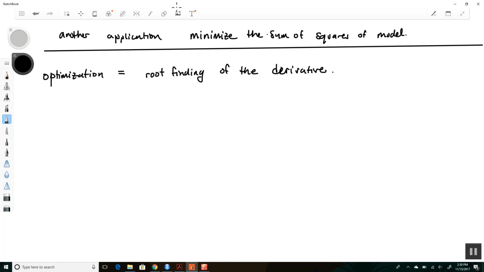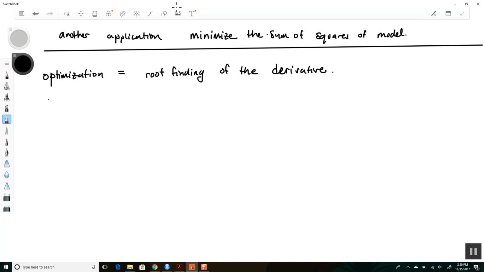This is our first family of optimization methods. On Monday we covered all these root finding methods. We said, you've got a function, let's find the zero, let's find where the function equals 0. We just say, if I'm able to find where the derivative equals 0, that's going to be a local minimum, a local maximum, maybe a saddle point. That's all we're going to do.